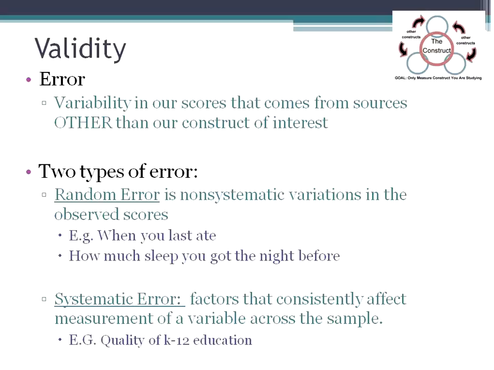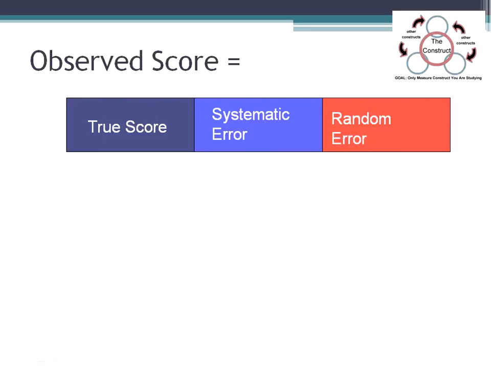These are going to systematically influence ACT scores across measurement. So when we end up with our observed score, it's always going to contain these three things: the true score, the actual variable we're trying to measure, systematic error, and random error.